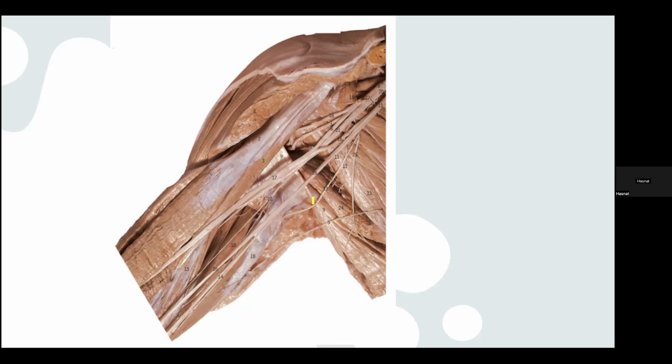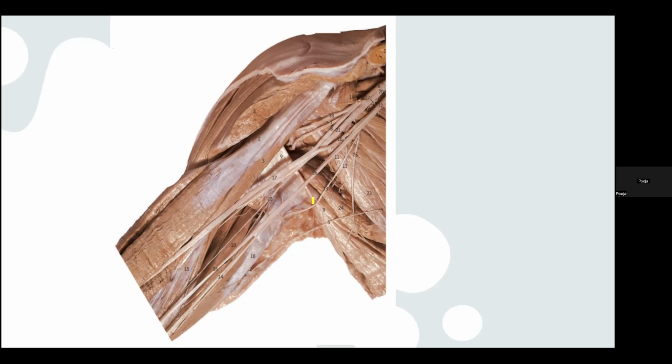Anyone wants to answer these questions? What will be the findings if number 26 gets injured? If ulnar nerve is damaged, there can be sensory and motor loss.